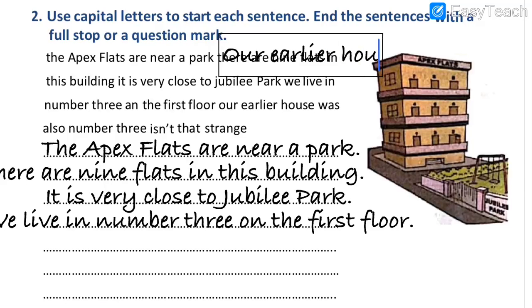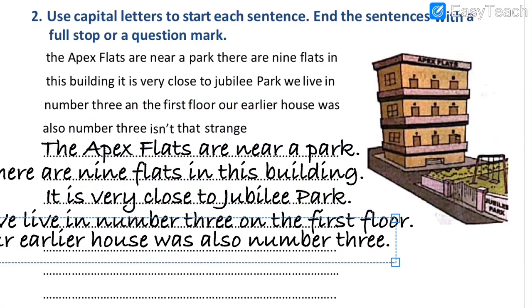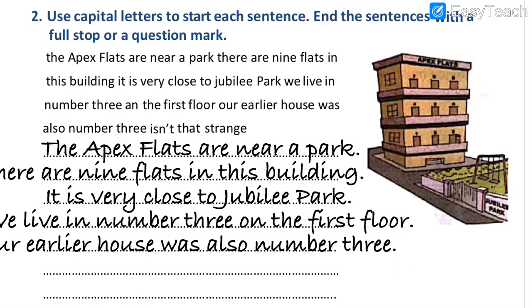Our earlier house was also number 3. Let us write that. Number 3. And what do we keep? We keep a full stop. So I hope you have written this line along with me in your notebook.